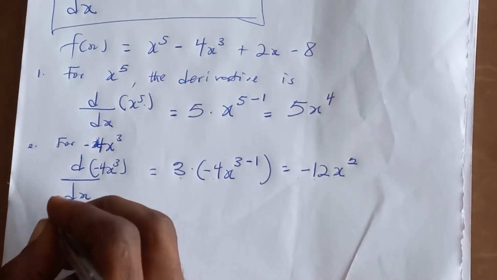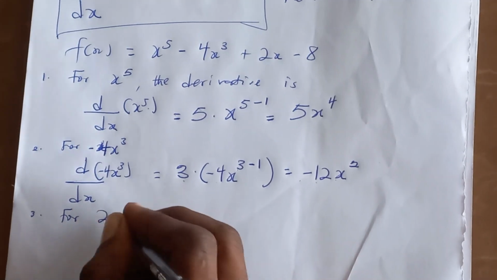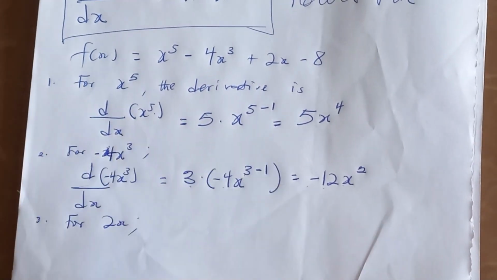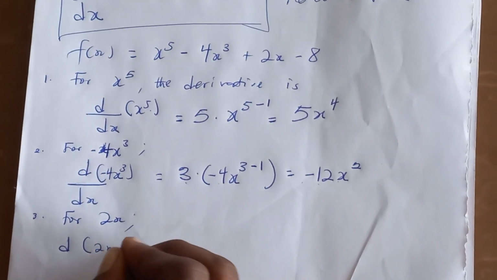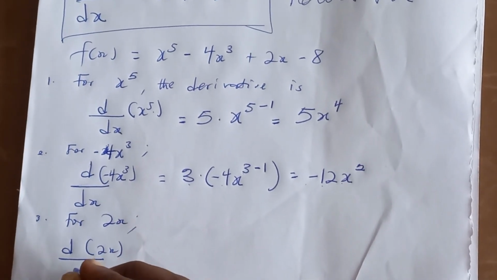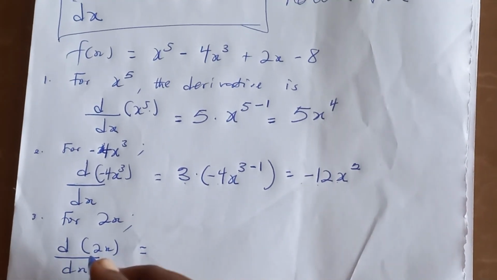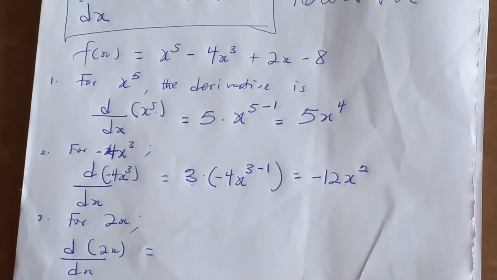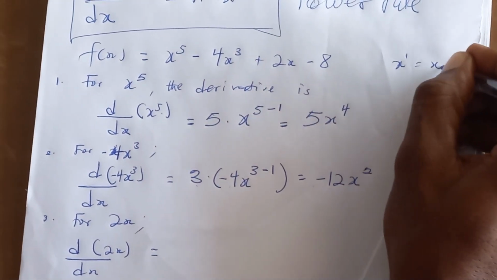Good. Let's do the third term, 2x. We are going to get the derivative of 2x with respect to x. With this, our power n is now 1 because x power 1 is the same as x.